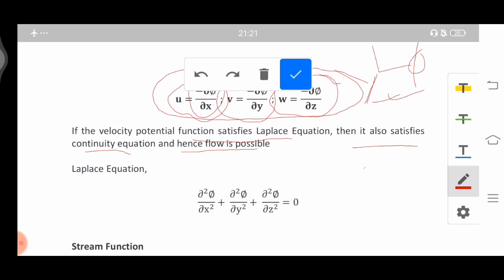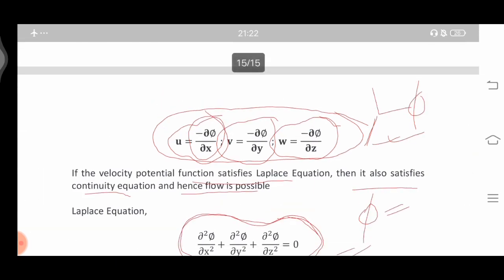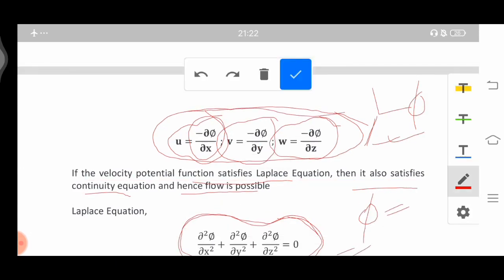So whenever you are given a phi equation, that is a velocity potential function, first you need to check whether it satisfies the Laplace equation, the law of continuity, and if it is satisfying this equation, then only the flow is possible, and then only you must go further for the calculation of u, v and w.